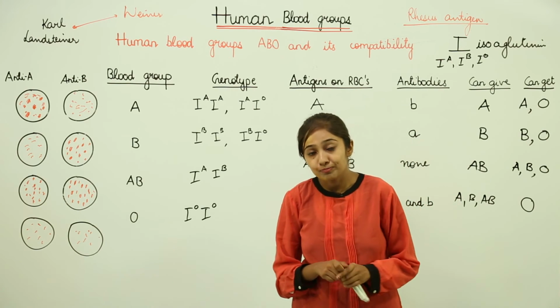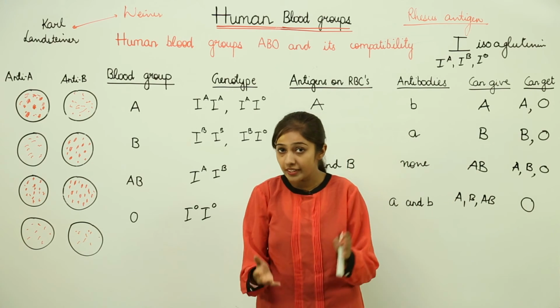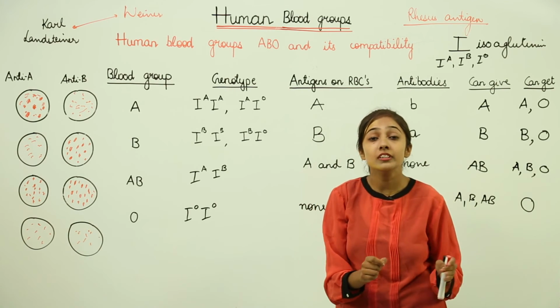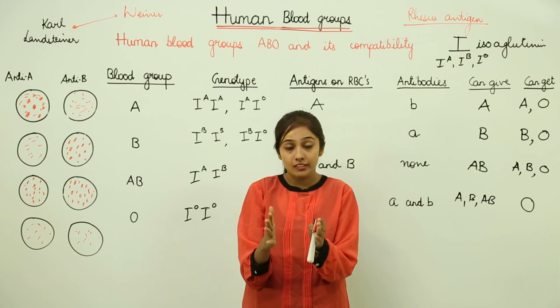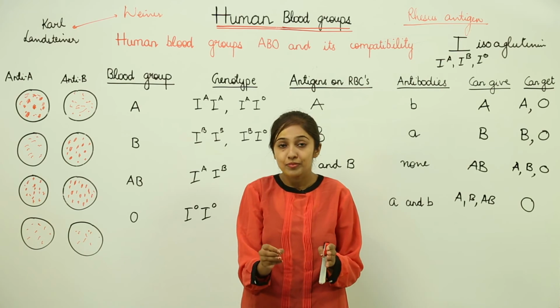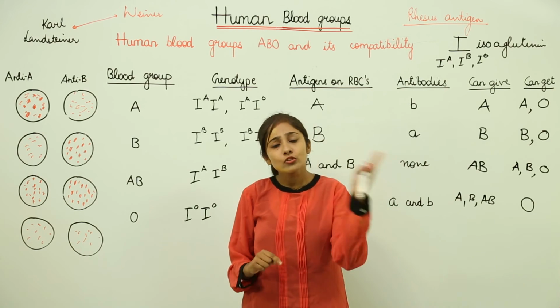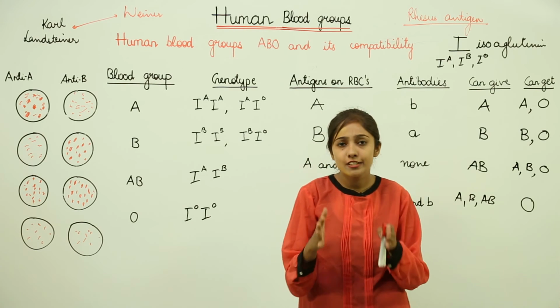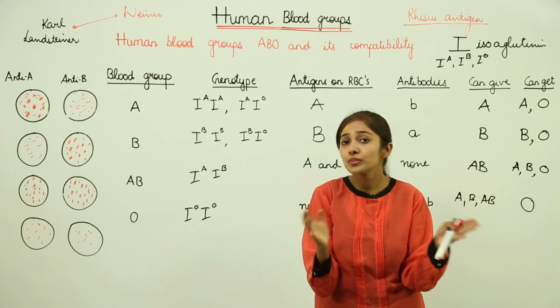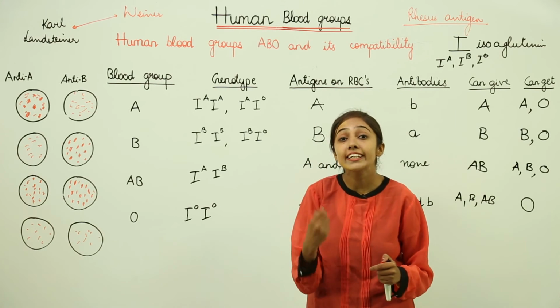Now what happens if a blood transfusion is going to be there? If the patient is Rh negative and the blood from the donor is Rh positive, what is going to happen? The Rh negative blood is going to get mixed with Rh positive blood, so there is going to be production of antibodies.